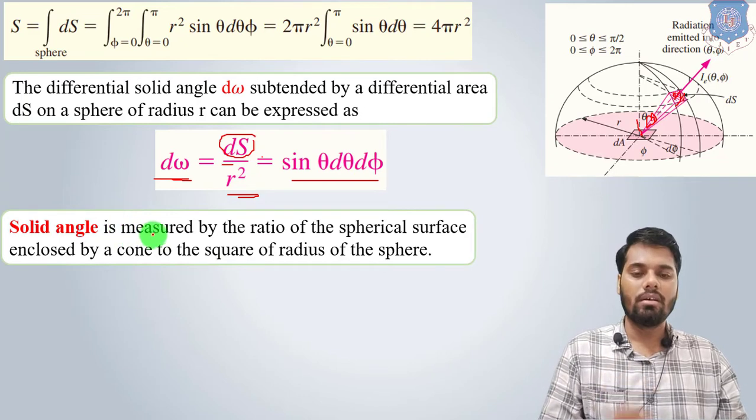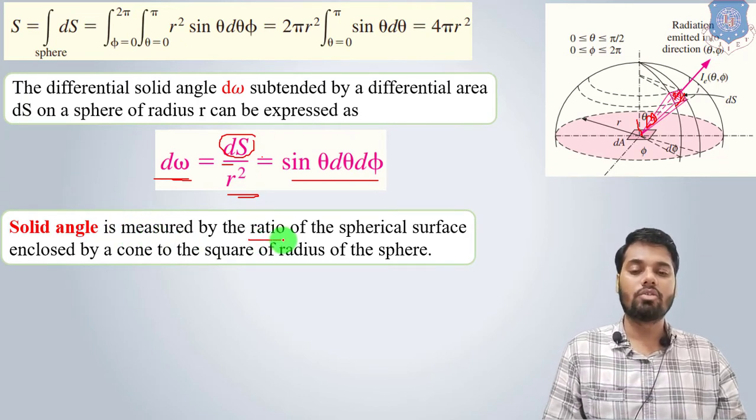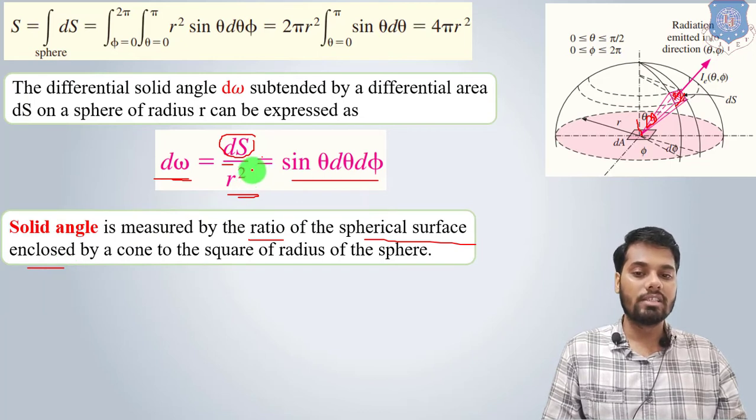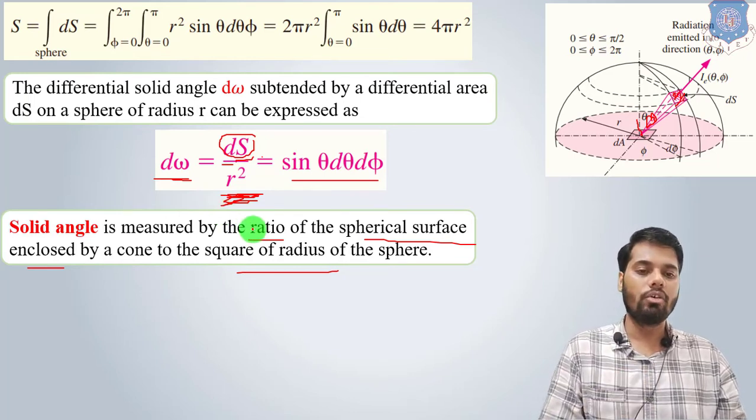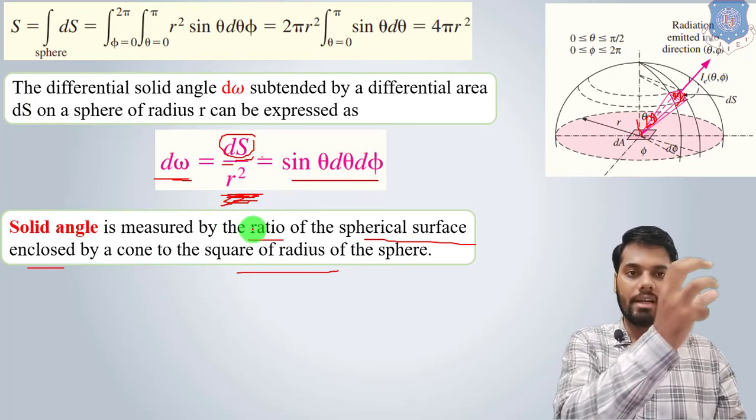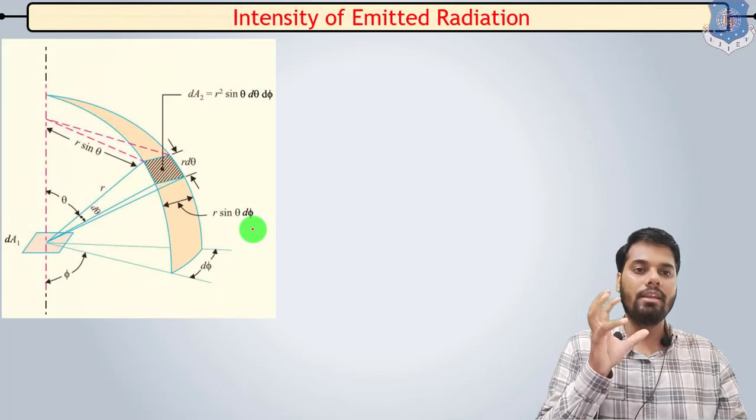So we can define the solid angle as the ratio of the spherical surface enclosed by the cone to the square of the radius of the sphere. This is how we get the value of the solid angle subtended by any differential area.